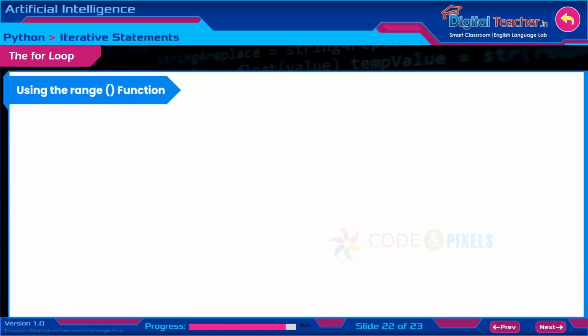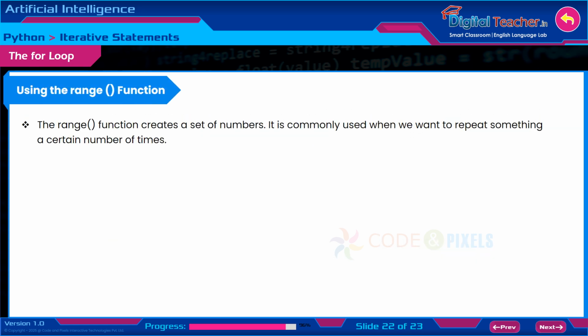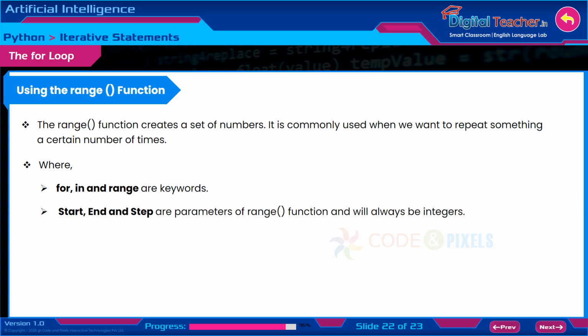Using the range function. The range function creates a set of numbers. It is commonly used when we want to repeat something a certain number of times. Where for, in and range are keywords. Start, end and step are parameters of the range function and will always be integers.